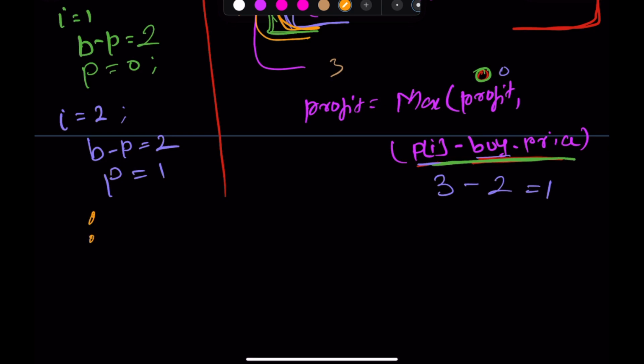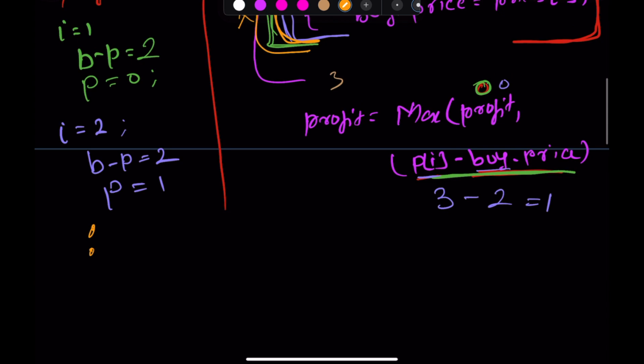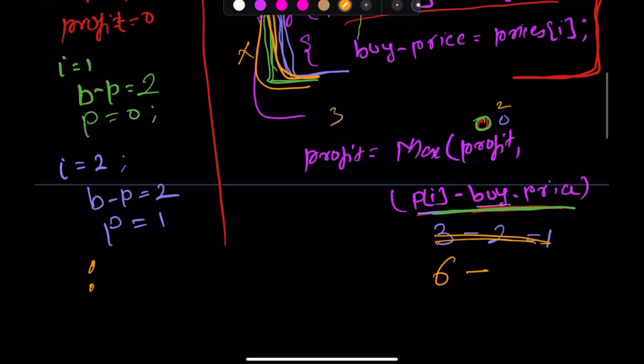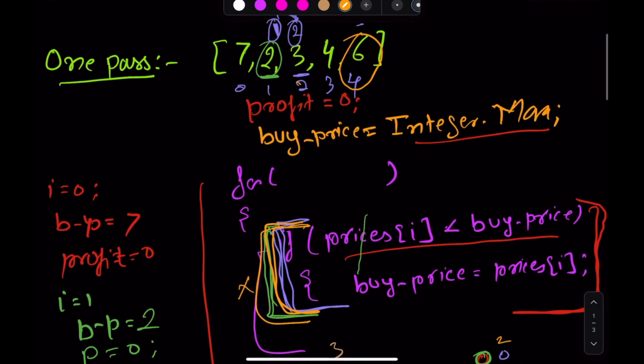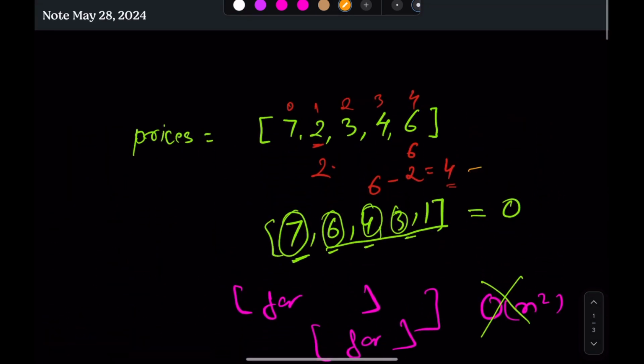Say my current profit is, let's say, 2, and the current price is 6, and the buy price remains the same, which is 2, so the difference is 4. It will give you the max of these two values. Max of 2 comma 4 is 4. So the answer is 4, which is what we calculated in the first place.